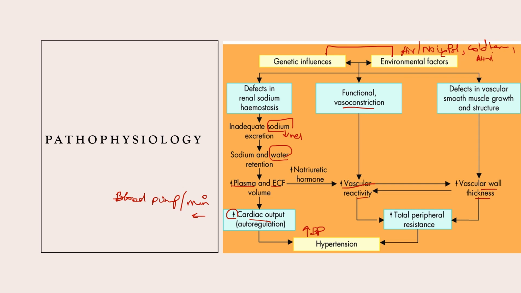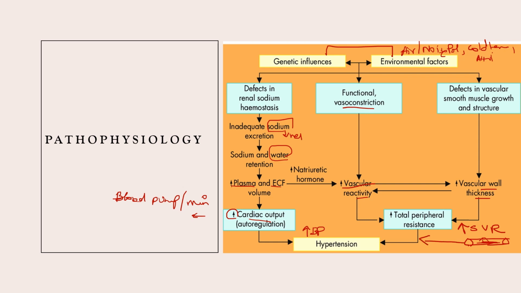When this happens, the total peripheral resistance or the systemic vascular resistance is raised. When the resistance increases, the pressure of the blood inside the artery's lumen also increases. Now, when this pressure is increased, as we discussed before, this leads to hypertension.